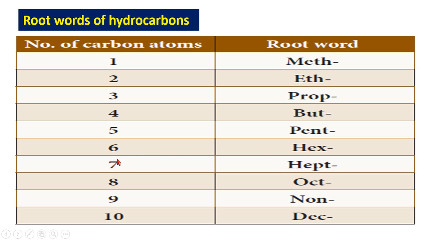If it is 7, the root word is hept. If it is 8, the root word is oct. If the carbon atom is 9, the root word is non. And the number of carbon atoms is 10, it is dec. These are the root words of hydrocarbons from 1 to 10 carbon atoms.